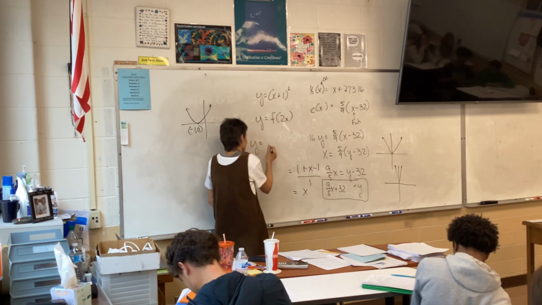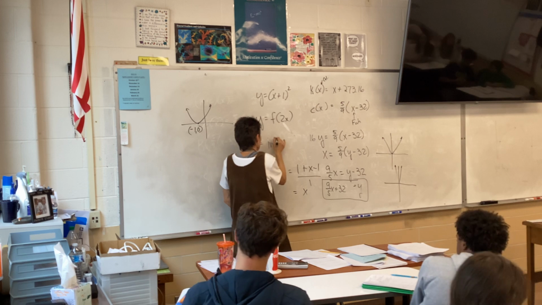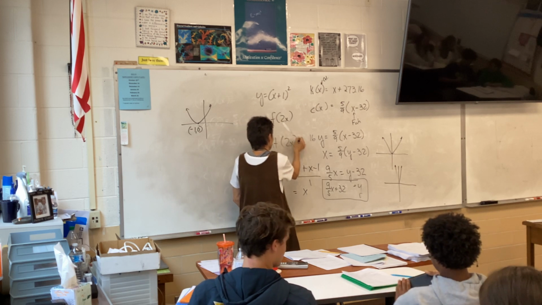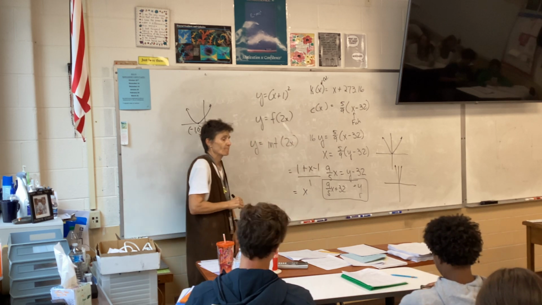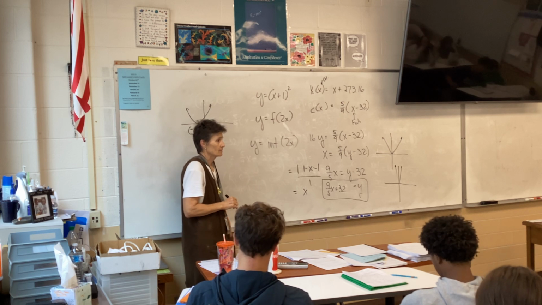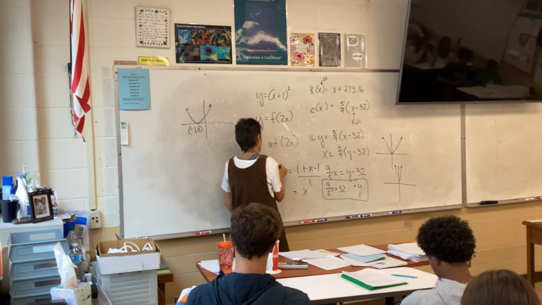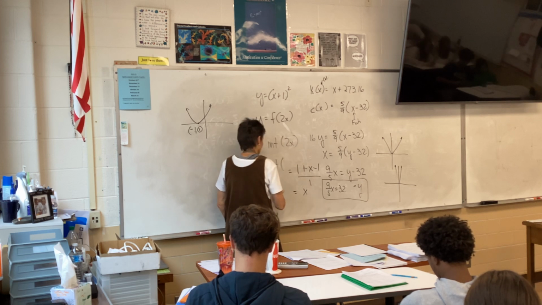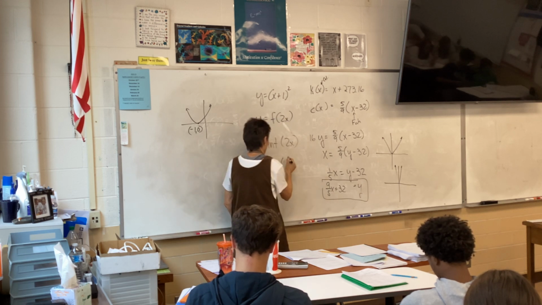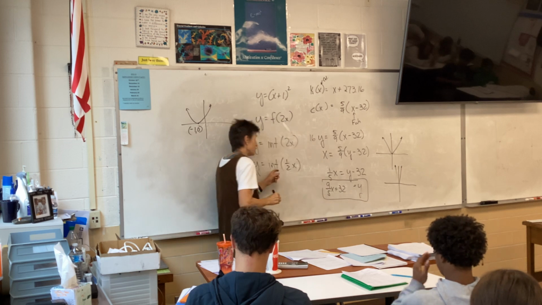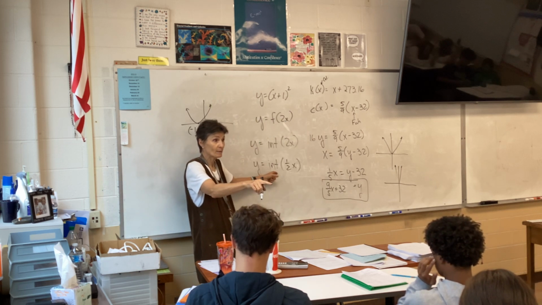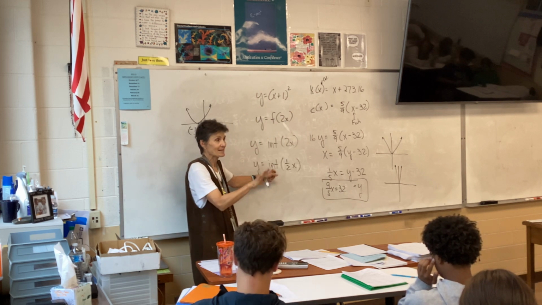All right. So, here's what I want you to do. I want you to graph this. And then I want you to graph this. Now, you know where absolute value is? Greatest integer is in that same menu.